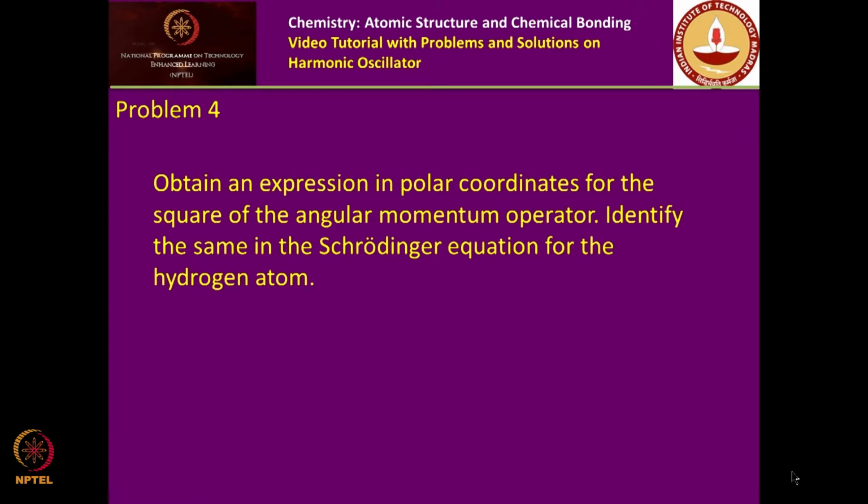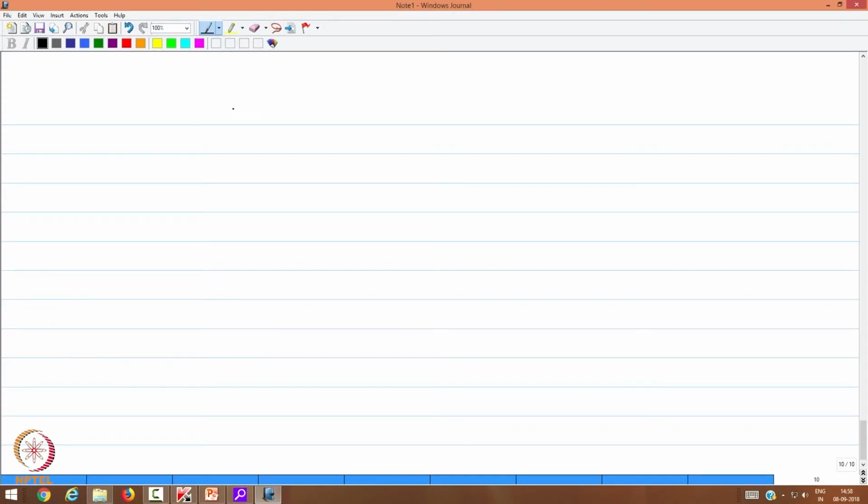But the algebraic steps are again fairly clear if you know differentiation and integration and you have been following the lectures. So, the angular momentum is obviously given in Cartesian coordinates as the x component Lx, y component Ly, and z component Lz, and it's r cross p in the classical definition. You can write Lx is minus i h bar when p is replaced by minus i h bar d by dx, d by dy, d by dz.